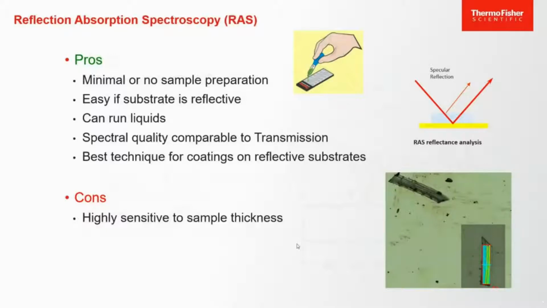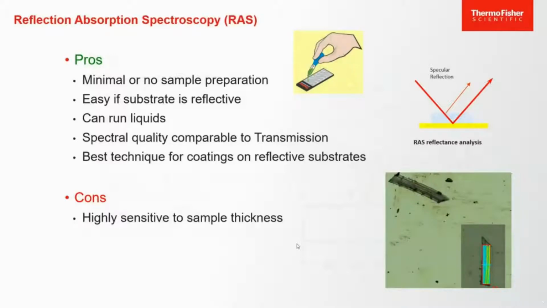This is really easy, especially if the substrate on which the material you're analyzing is located is reflective, like on a gold slide, which is what's shown in the lower right. That is the laminate I was mentioning. You can see two of them there, one laminate at the top letting you see it, and then the bottom one has been analyzed over its length, and that's sitting on a gold slide.